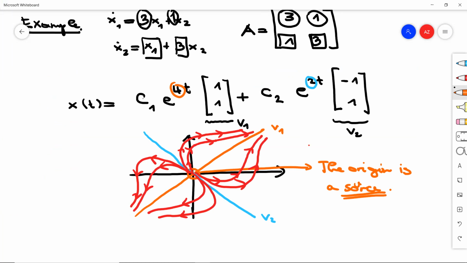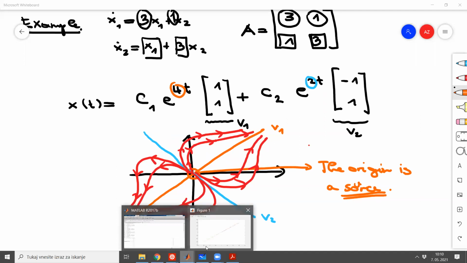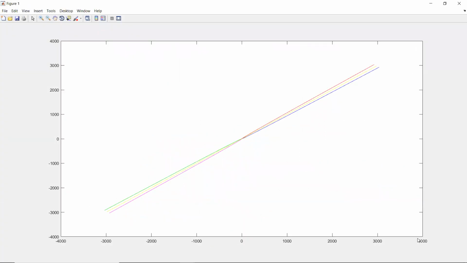And if I take t, which is in this case 2 or 3, then I have e to 4 times 2, so e to 8, and it's really a big number. So the scale in the x-axis really has to be big. That's why in this case it's from -4000 to 4000, but then all the solutions look like different lines.